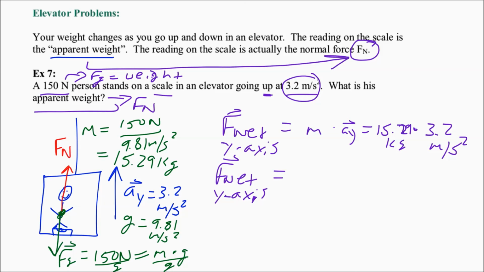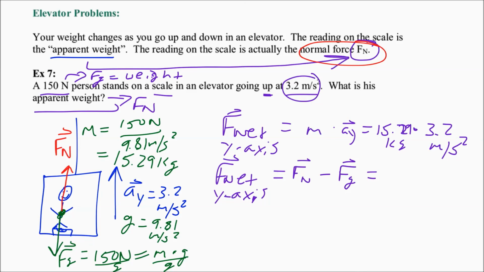That normal force is a contact force. Since the person is contacting the bathroom scale, it must be supplying a normal force. So we're going to say then that it is the normal force minus the force of gravity. Remember, as we said in these elevator problems, that's what we're looking for, that normal force.